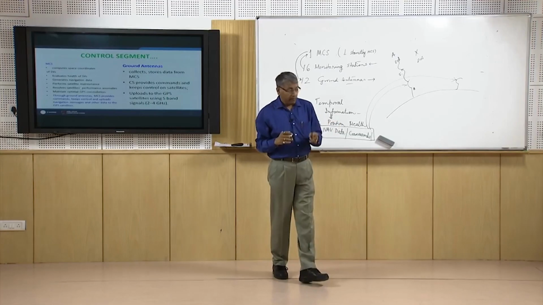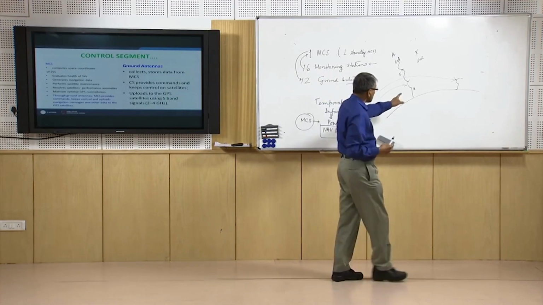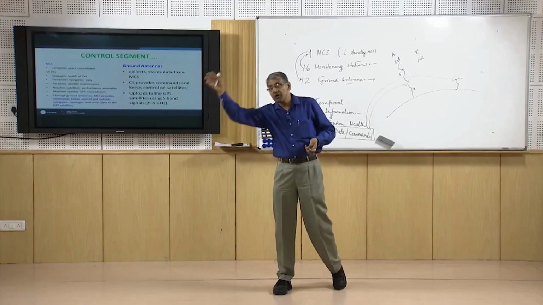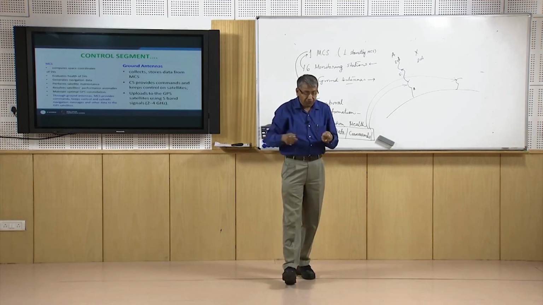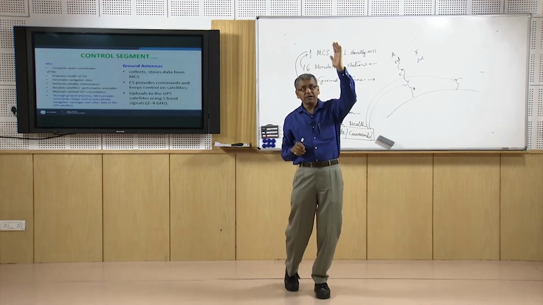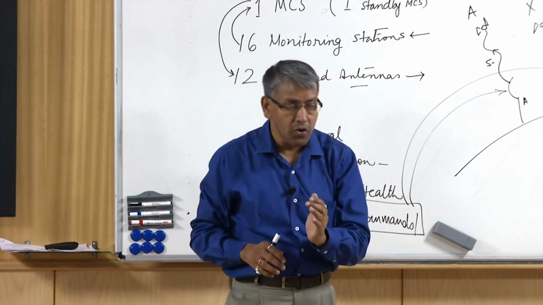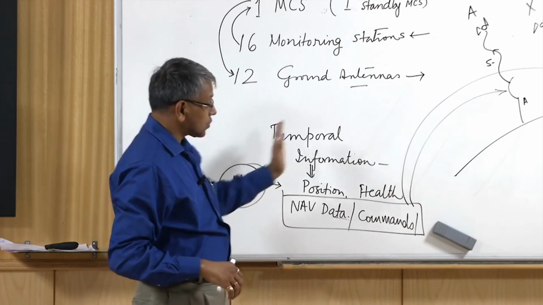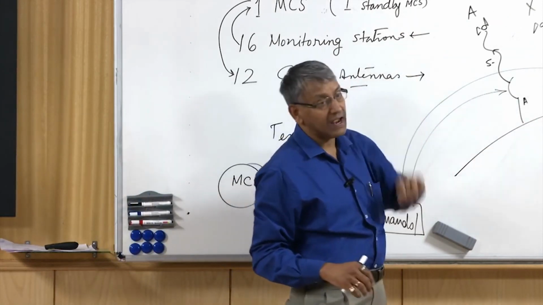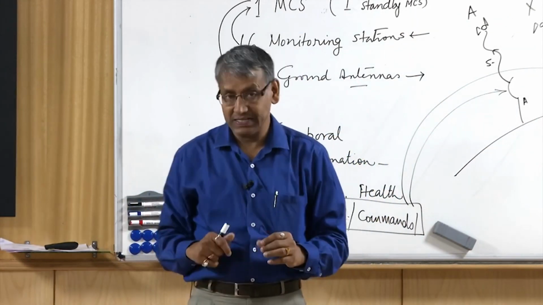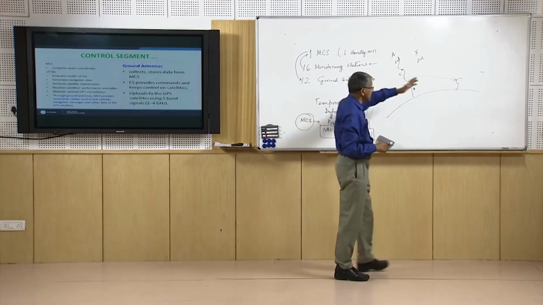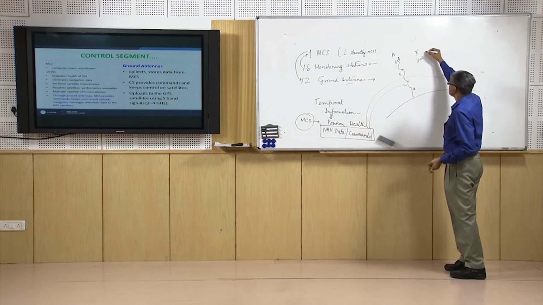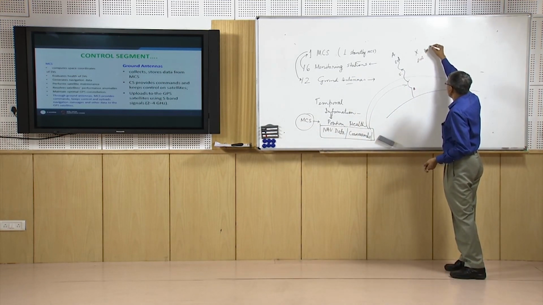So the ground antenna tracks the satellites passing over it, and if it finds that some information has been stored by the master control station for a particular satellite, then it will communicate that information to the satellite. This is how it works. Suppose some satellite X is poor in health.